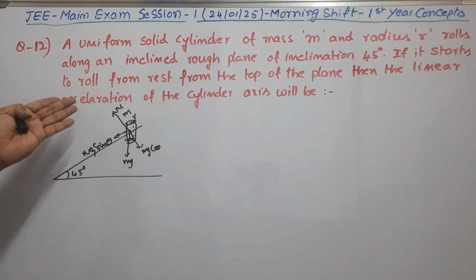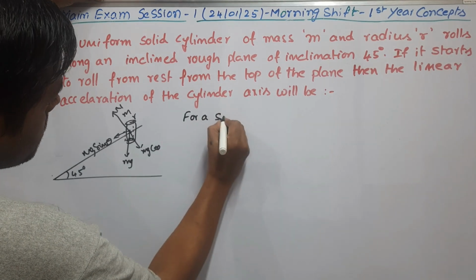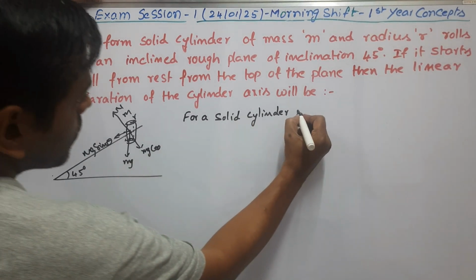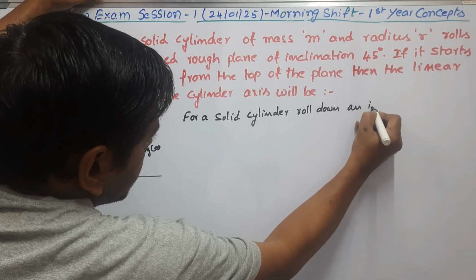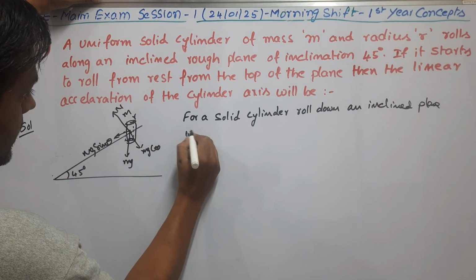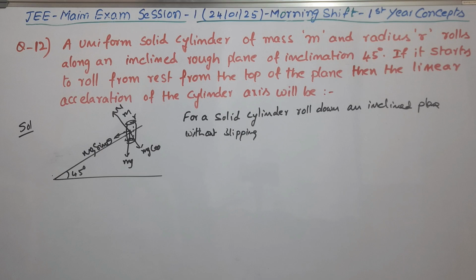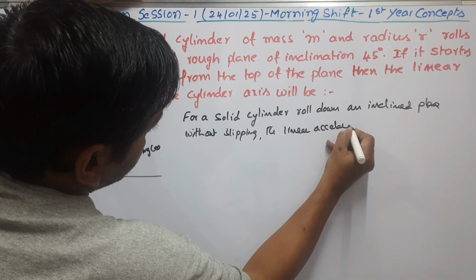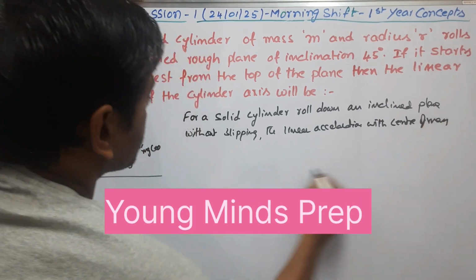Then the linear acceleration of the cylinder with respect to center of mass, for a solid cylinder rolling down an inclined plane without slipping, we have a direct formula.